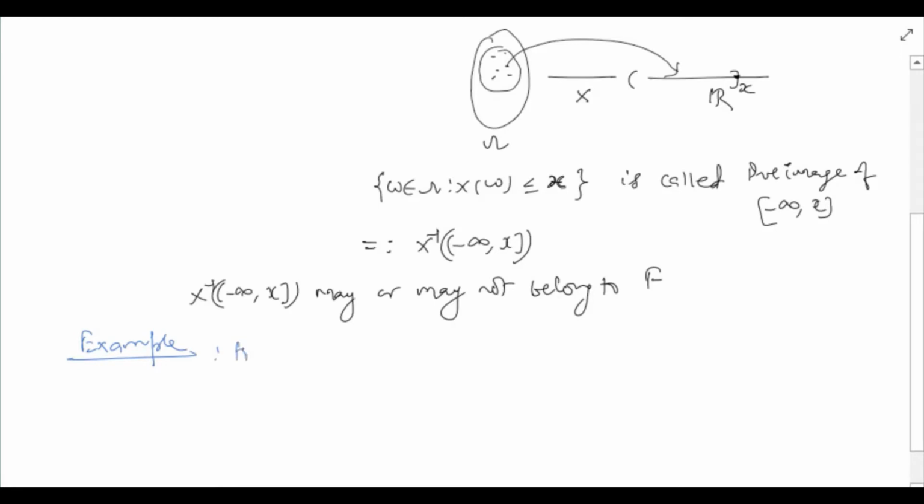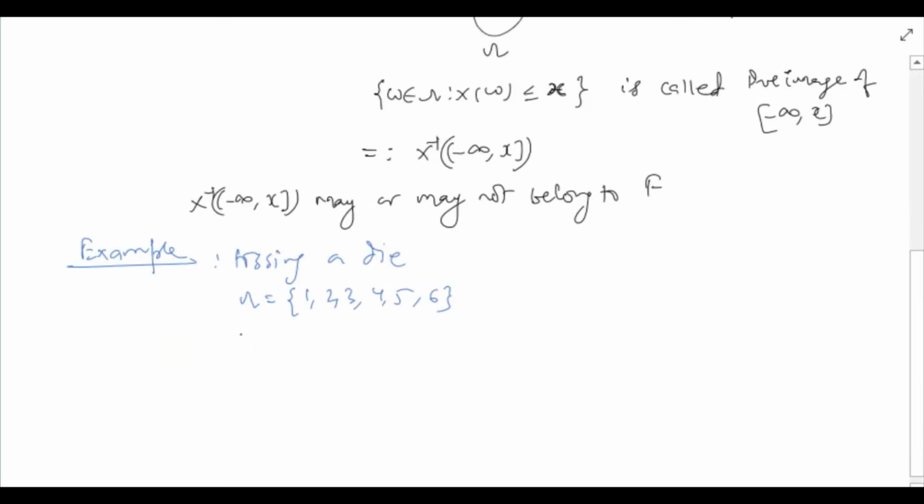Consider the random experiment of tossing a die. In this case, the sample space is 1, 2, 3, 4, 5, 6. Let us consider the event space F to be the empty set, Omega, {1, 2, 3, 4, 5, 6}.